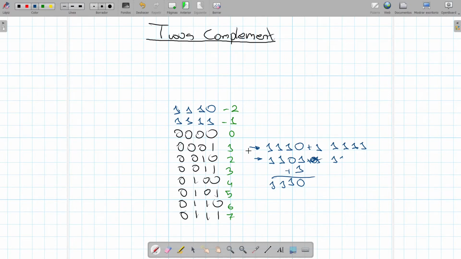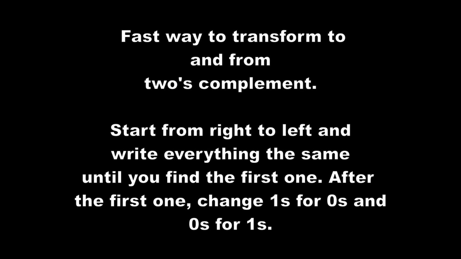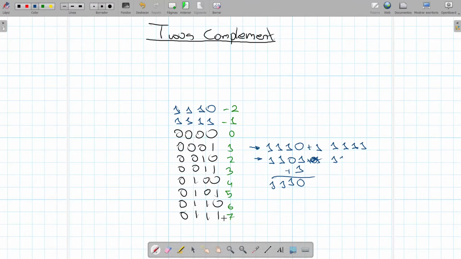There's a faster way to change into positive, and from positive to the 2's complement, which is start from right to left and keep your first one. Let's go in order. We've done number 1, 2, that's number 3.